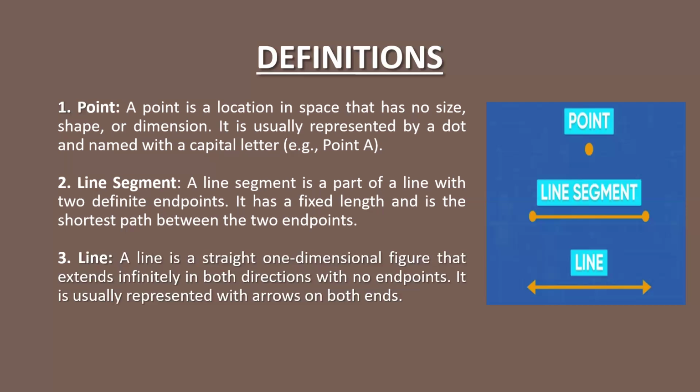It is usually represented with arrows on both sides. So a point represents a location in space, and it has no size, no shape, no dimension. A line segment has two endpoints and a fixed length. A line is represented by arrows on both sides, which shows the direction.